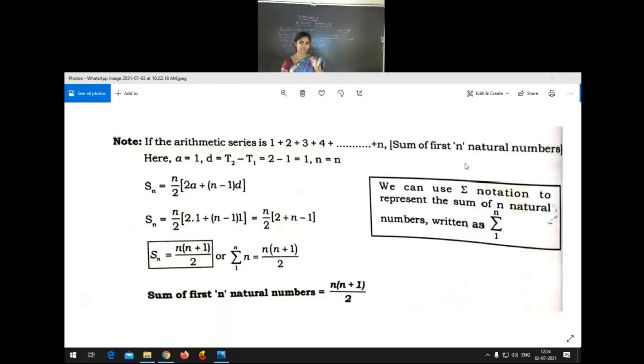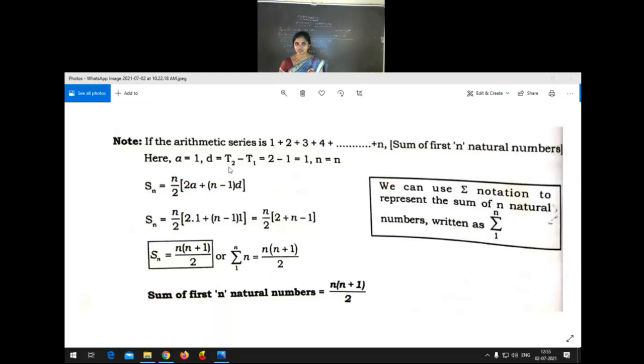Let us try this one. 1 plus 2 plus 3 plus 4 and so on up to n. Then what is a here? Recall that a is called the first term of the AP. So a is equal to 1. Then what is d actually? The difference, a2 minus a1.